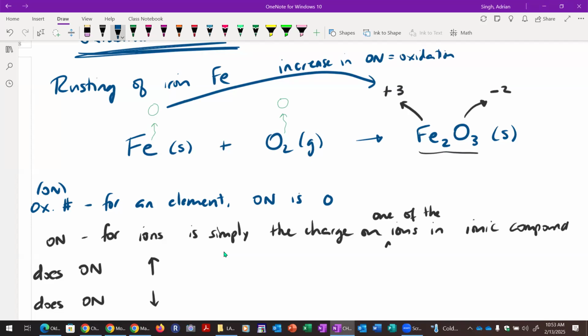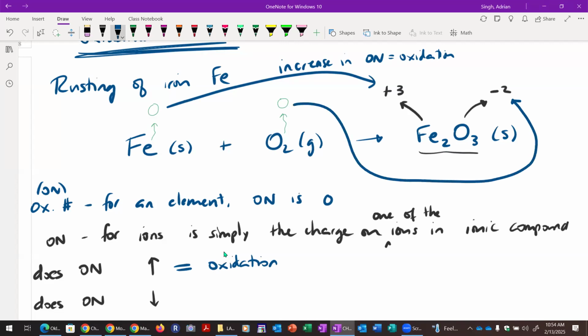So if the oxidation number increases, that's oxidation. And then once you figure that out, the other thing has to be the opposite, which would be reduction. In the case of oxygen, there's a decrease in the oxidation number, so that would be reduction.